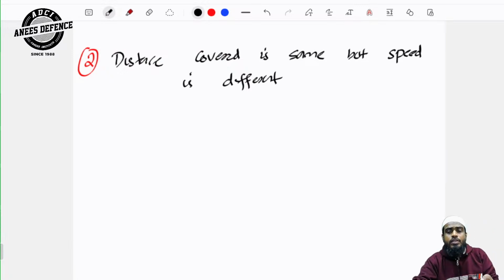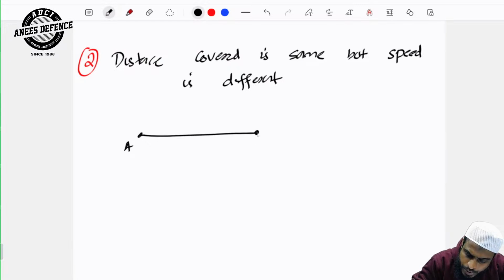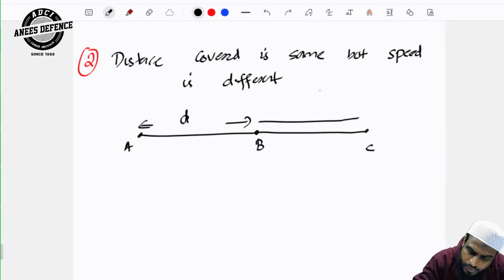Initially time is constant and speed and distance are different. Here distance is constant and time and speed are different. So for example, A to B and B to C, this is distance d and this is also distance d.